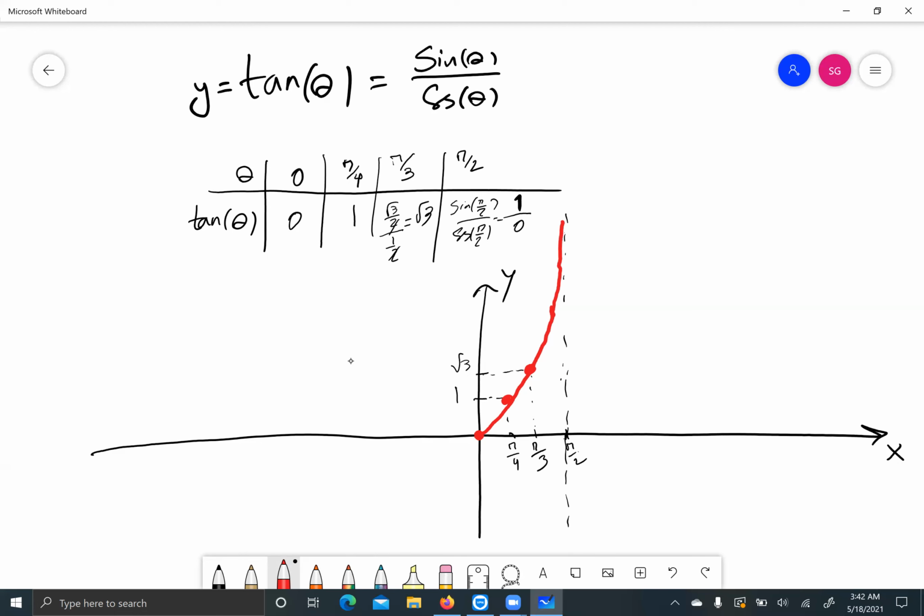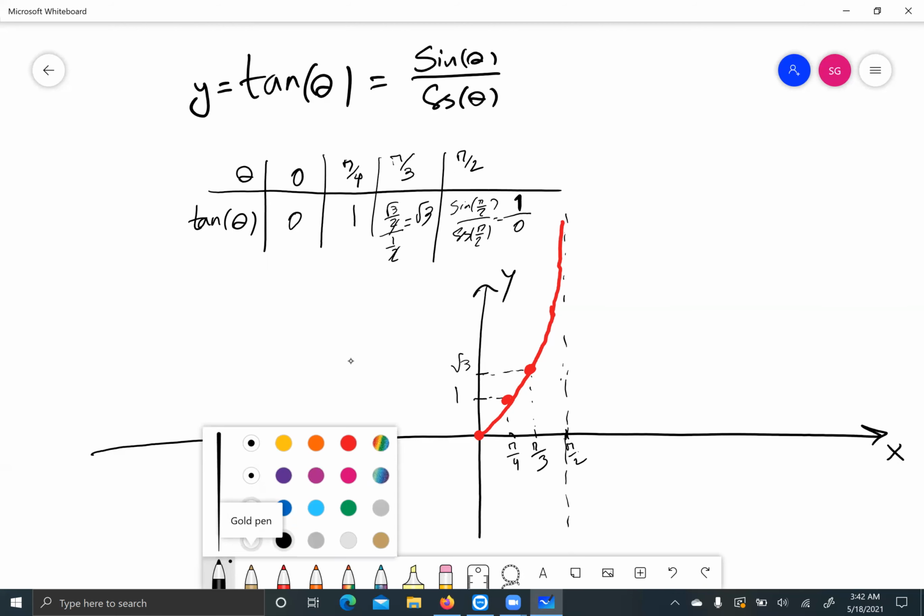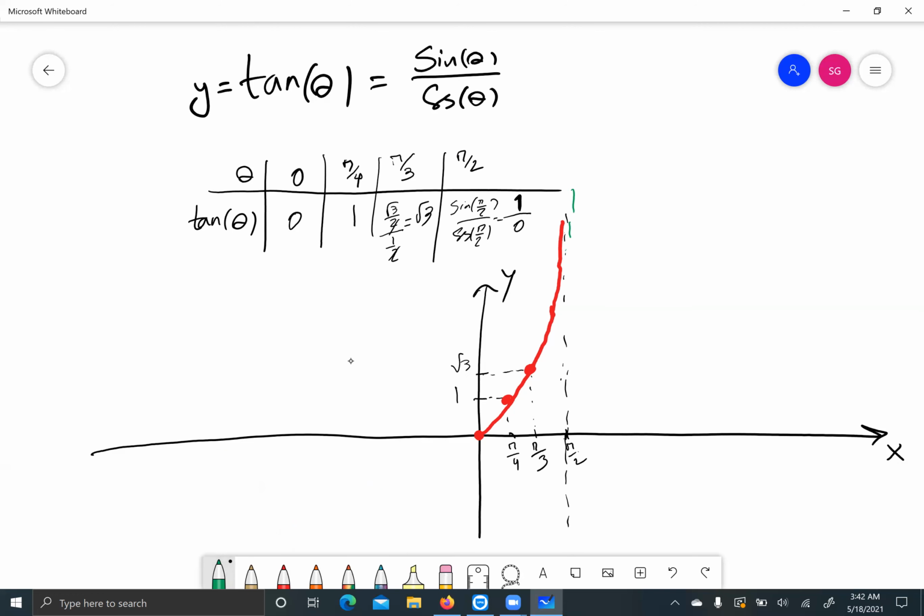Maybe I use another color. So this is the line of pi over 2, and this is going to give us the vertical asymptote. And actually, it happens even for the negative ones. You can try any value that you want.